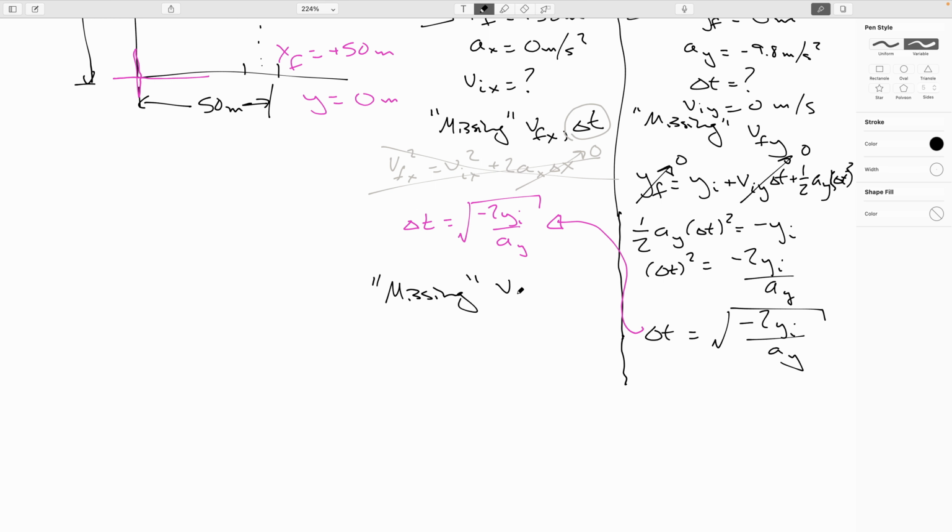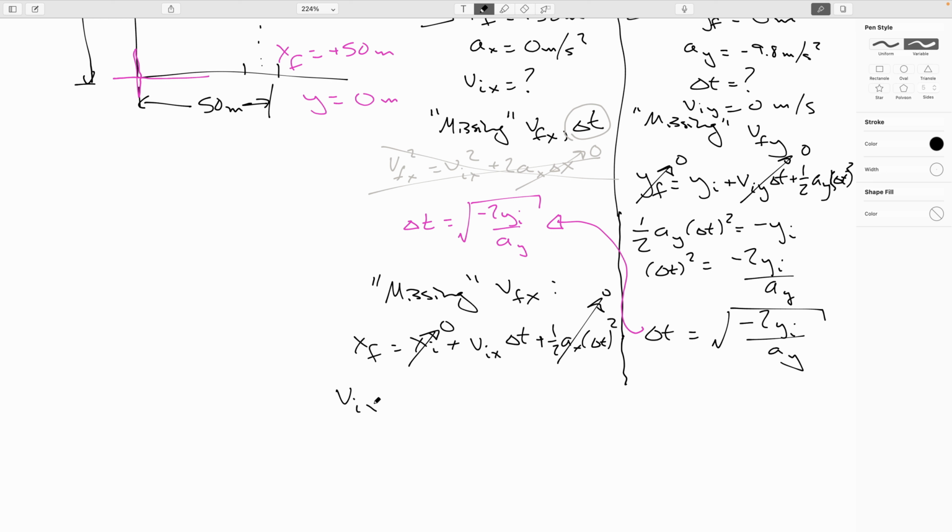But we'll use missing v final. So we'll have that x final equals x initial plus v initial x delta t, which we now know, plus 1/2 a sub x delta t squared.